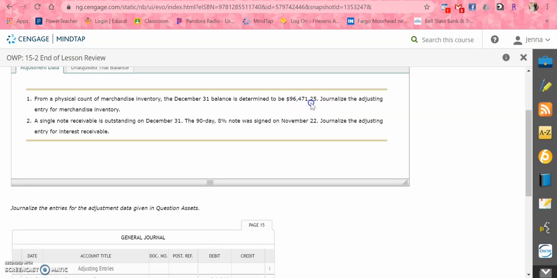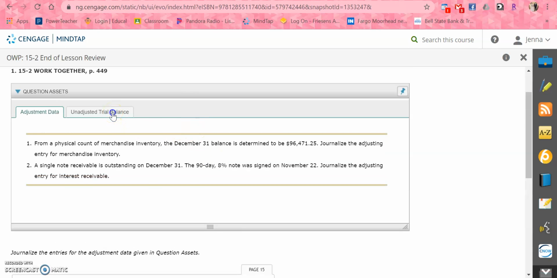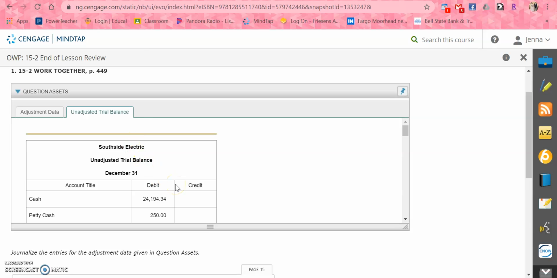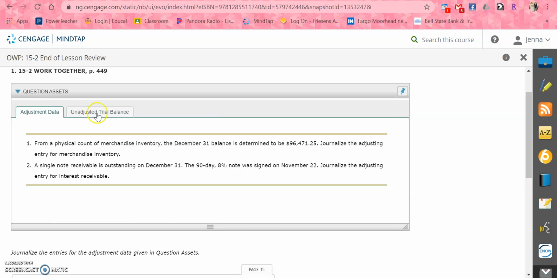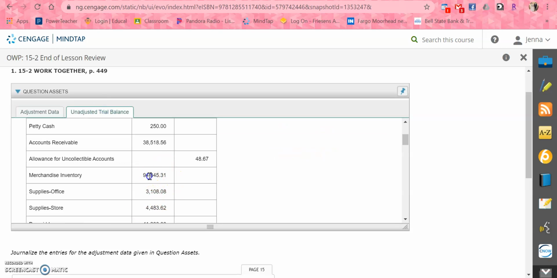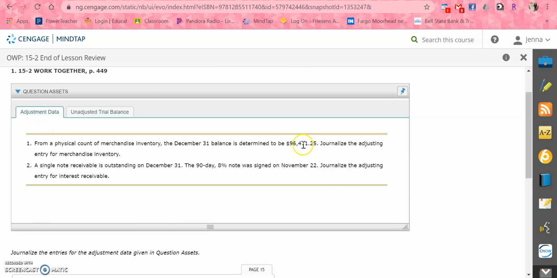So this number here that they're giving us, this is our ending inventory. We need to then look at our unadjusted trial balance to look at our beginning inventory. So when I look at my merchandise inventory, this would be my beginning inventory. So when I look at this number here, 94,845.31, and then I go back, this number is larger.